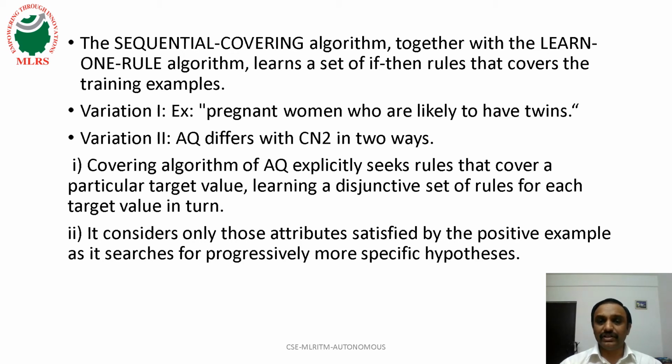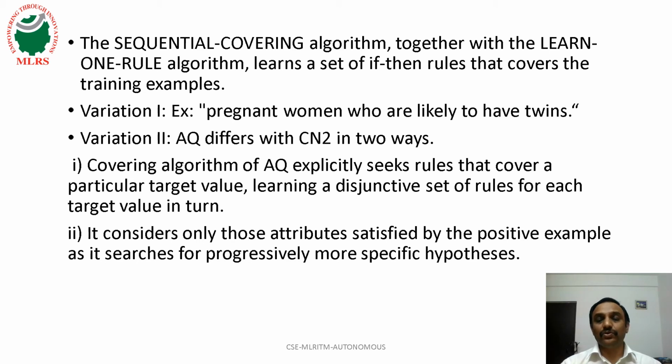Take the first one. Here one example we are taking is a pregnant woman who is likely to have twins. In this scenario, the possibility of getting positive examples is very, very less. But what is the thing in the case of the sequential covering algorithm?